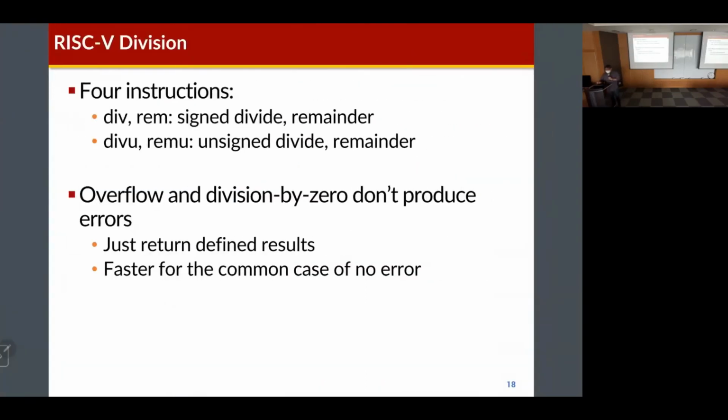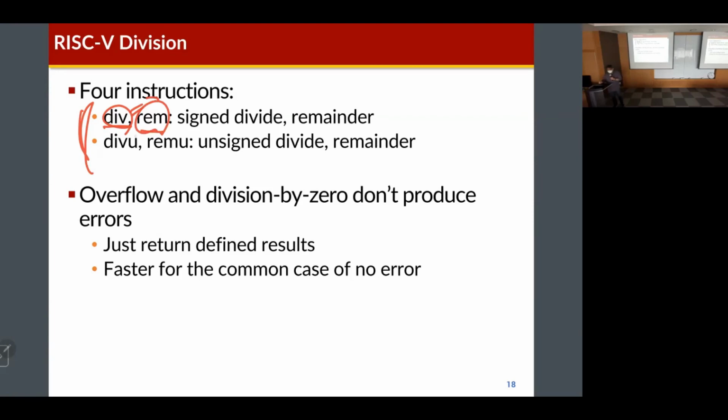Okay. So for the RISC-V, RISC-V supports two instructions for division, DIV and REM. DIV generates the quotient of the division, and REM generates the remainder of the division.